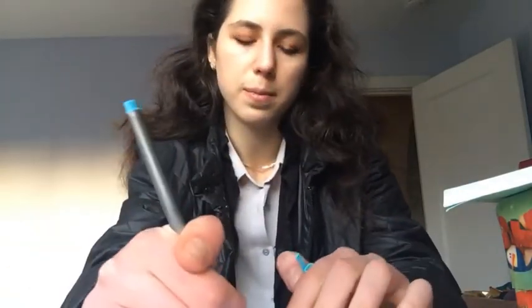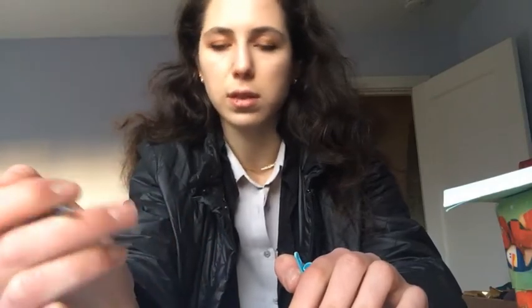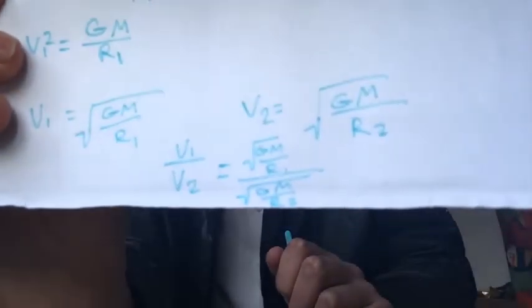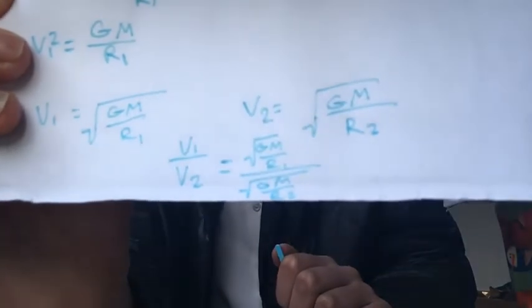Now we need the ratio of v1 to v2. So we can do that by just using these formulas we just found. v1 over v2 is equal to the square root of GM over r1, over the square root of GM over r2. You can't really see this because it's kind of small now, but that's pretty much what it would be.